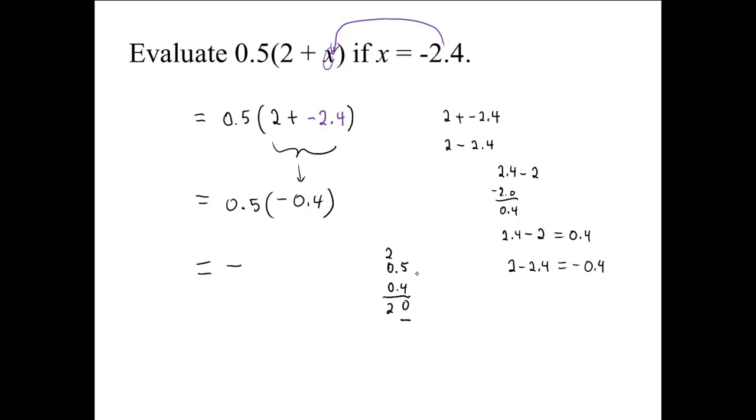Skip a space. 0 times 5 is 0, 0 times 0 is 0. There are a total of 2 digits to the right of the decimal, so counting back from the right 2 places, 1, 2, we locate the decimal right here, 0.2. We already decided it's negative, so our answer is negative 0.2.